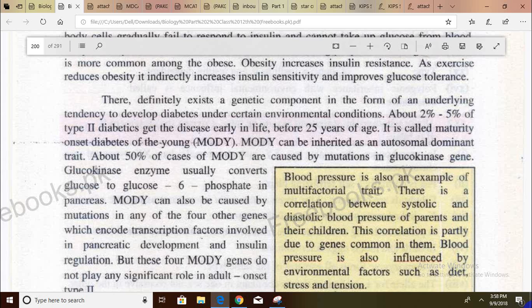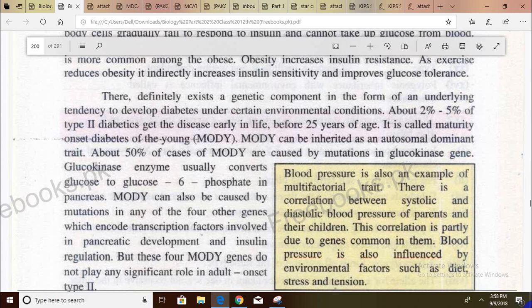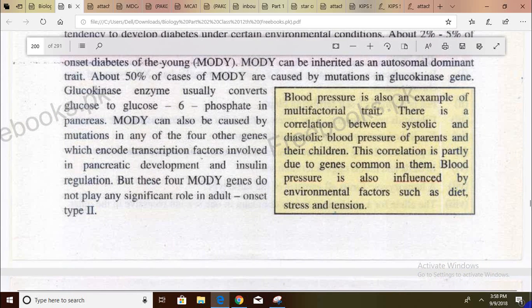Remaining 50% might be a mutation in any of these, but no significant role in adult onset. So this is a lot of different stuff, but let's not stress it.